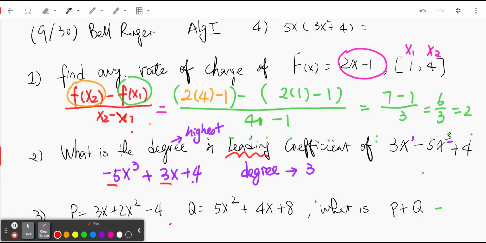So what is the term with the highest power? Can we circle it? Very, very good. -3x cubed. So our leading coefficient is what? Very good. It's -3. See, it's not that hard. You just have to learn the terms.